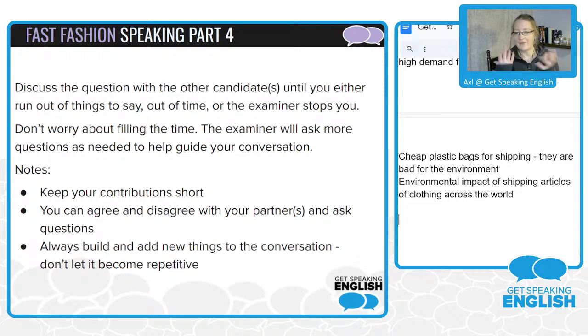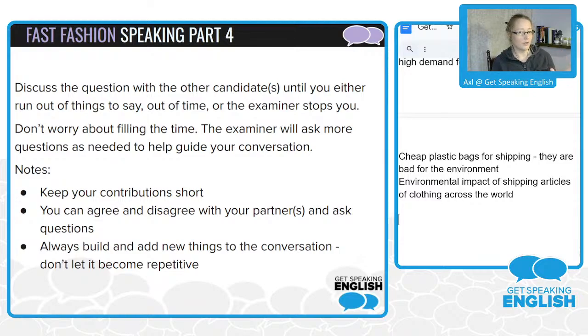So you're going to have a discussion with a candidate, and you want to continue that discussion. You don't want to repeat things over and over again, right? You want to carry on the discussion either until you run out of things to say, which naturally happens in a conversation, you run out of time, or the examiner stops you. Because it is a conversation, you should try to keep your contributions a bit short.